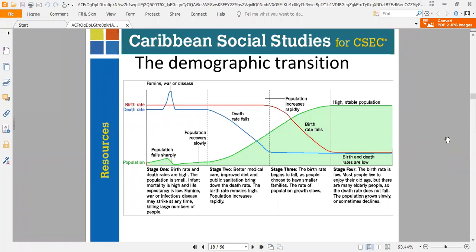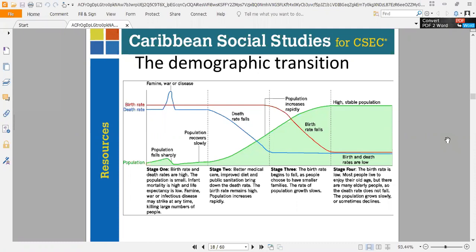All right, so let me ask you a question now. Based on the trends that you have seen in the diagram, in the demographic transition, suggest one strategy that the government may have used to improve the conditions of the population.